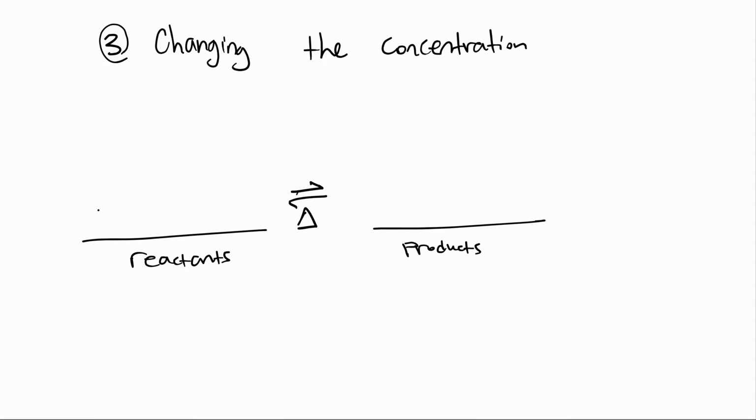If, let's say, you have 10 moles of reactants and 20 moles of your products, you're going to have more things on your right side, right? So equilibrium is going to shift towards the side with less to even out the weight.